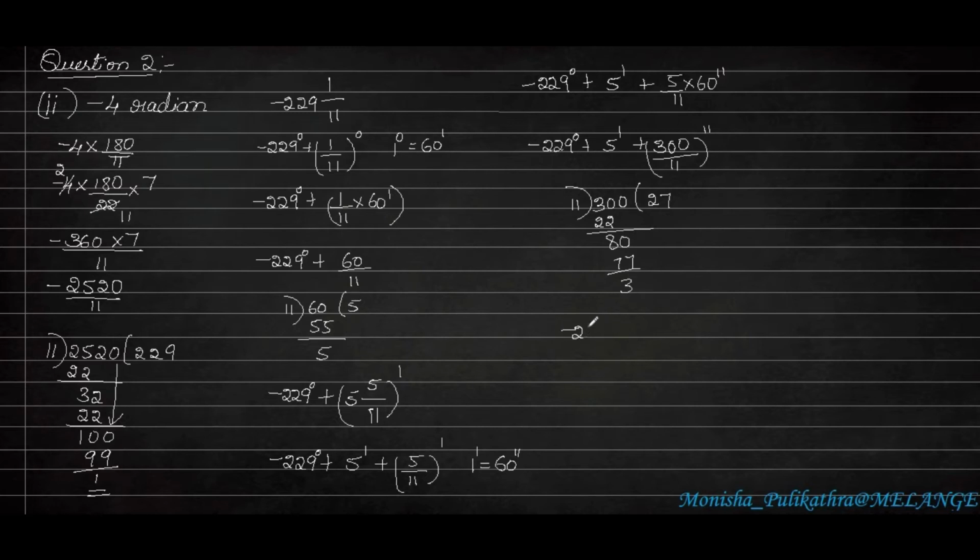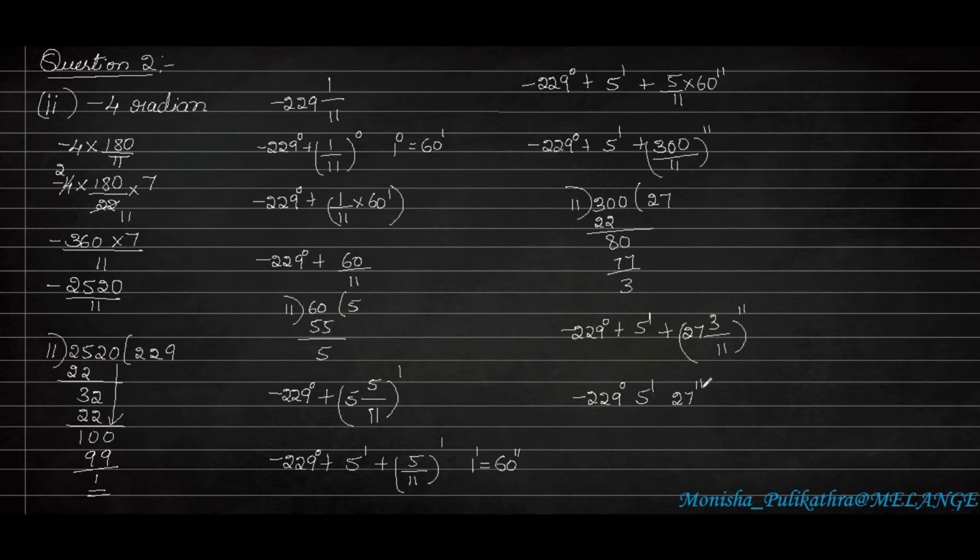So it will become minus 229 degree plus 5 minutes, 11 is in the denominator. So it will become 27 3 by 11 seconds. So we can write it as minus 229 degree 5 minutes and 27 3 by 11 seconds. Further we can't do the factorization of it.